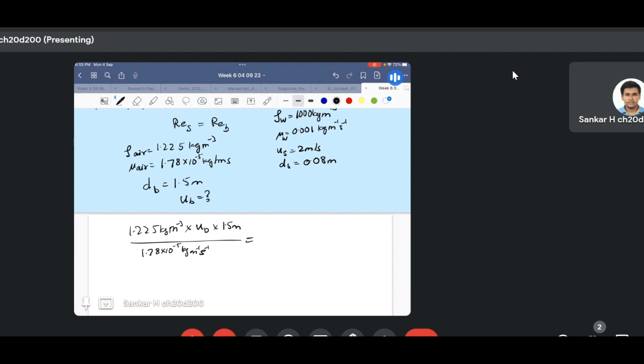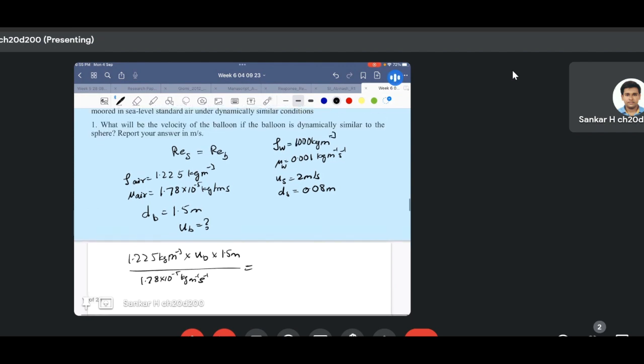And we equate that to the Reynolds number of the sphere in water as 1000 kilogram per meter cube times 2 meter per second times 0.08, that is 8 centimeter, divided by the viscosity, which is 0.001 kilogram per meter second.